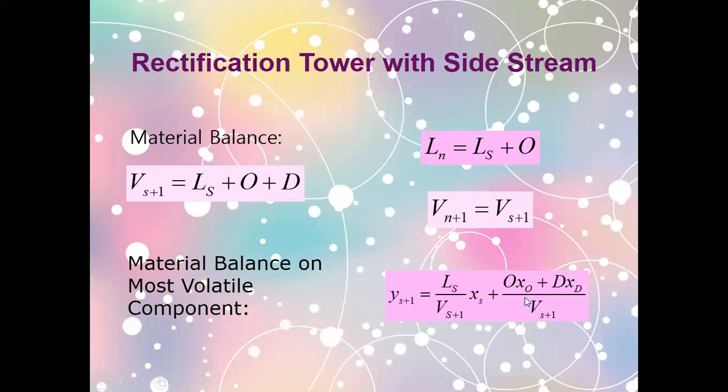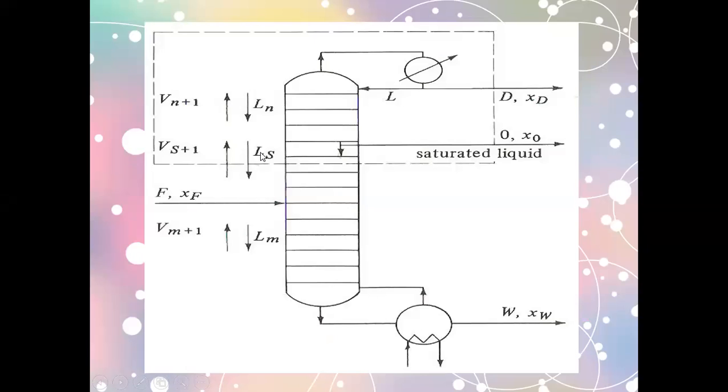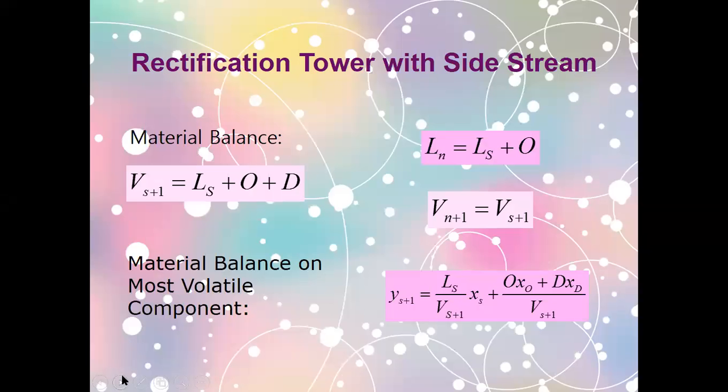It depends on the amounts of the distillate and the side stream, with their corresponding mole fractions, and this particular L sub s. That L sub s is the liquid leaving a particular stage s here in the upper part of the column. As I have mentioned, it's already complex, and as such, we only tackle problems which have a single feed and two product streams, the distillate and the bottoms liquid.